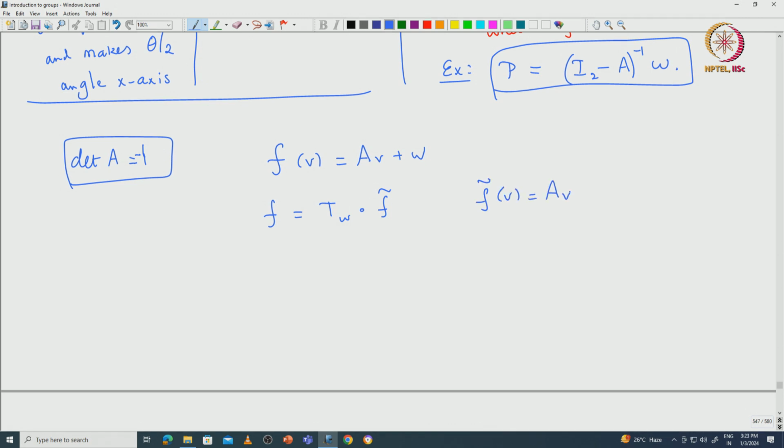So, now this v goes to A v, that map is a reflection with respect to a line that passes through origin. Now, if you take a reflection with respect to a line passing through origin and then translate that one, then what are you going to get? You are going to get again a reflection with respect to some other line. Okay. So, then it is clear that in this case we get again a reflection.